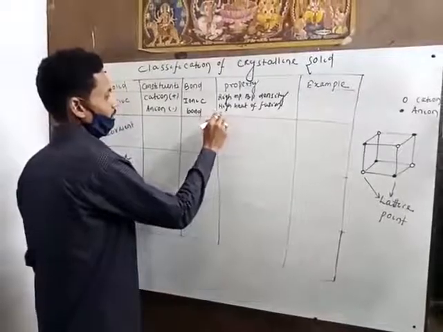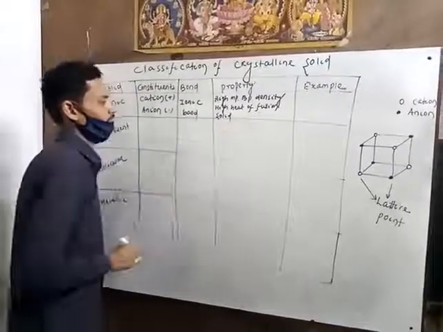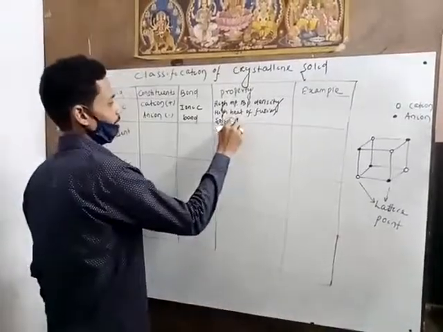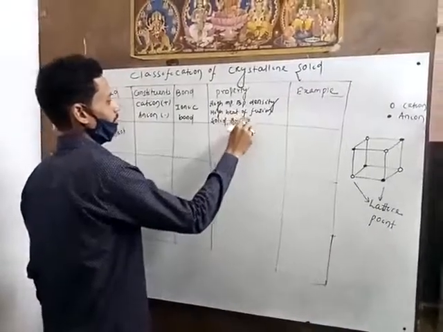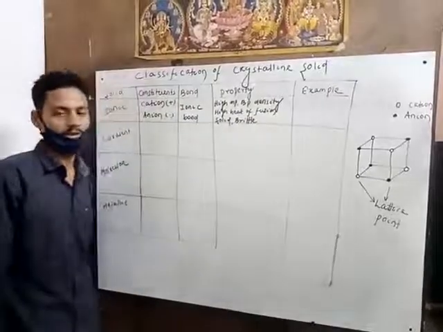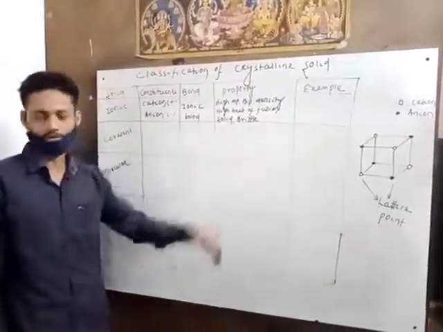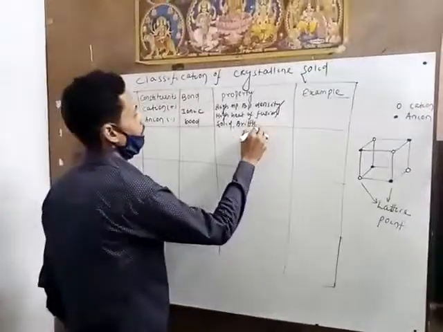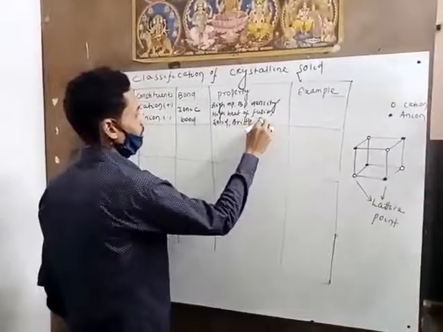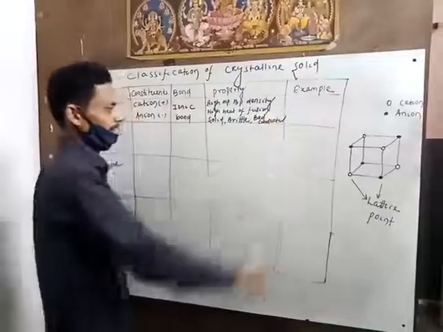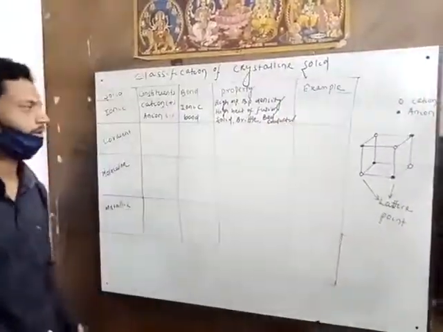These are mostly solid, existing in solid state. These are brittle in nature. By applying pressure, they can be converted into powder form. So these are brittle in nature and mostly bad conductor in solid state.